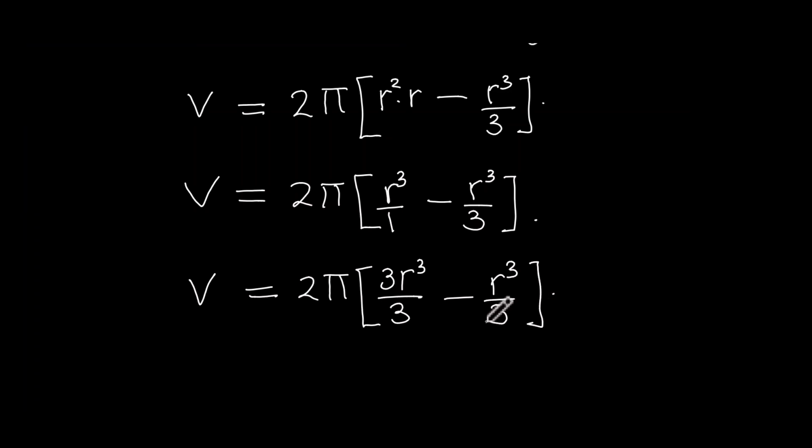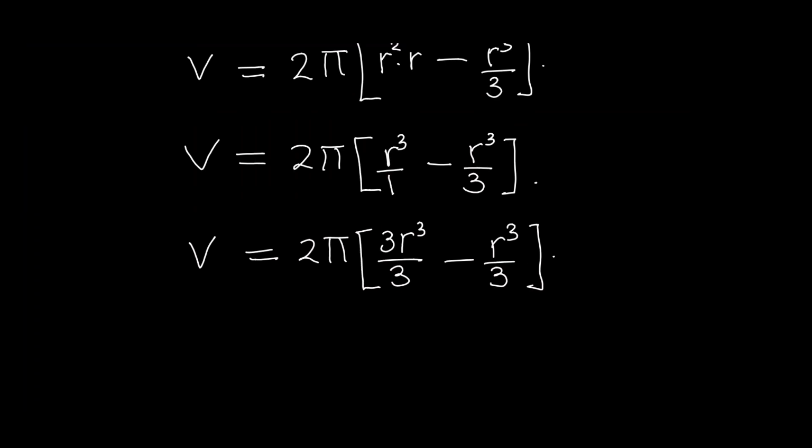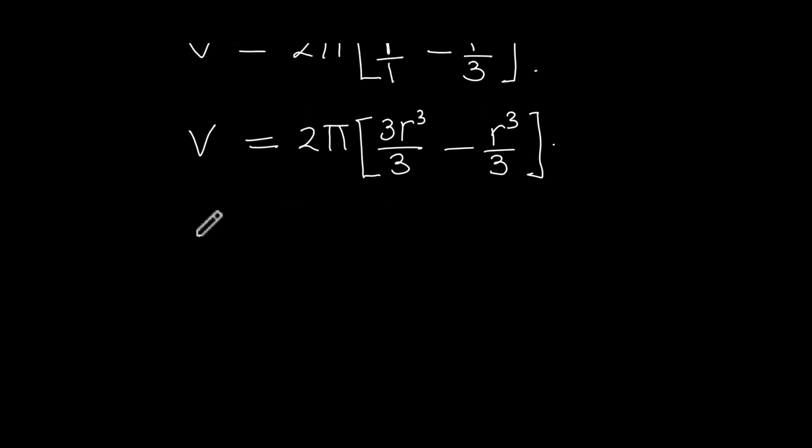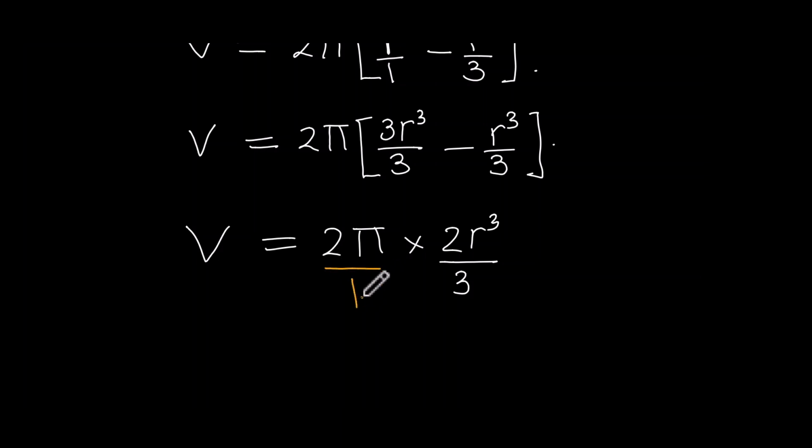Now here, since the denominators are the same, we subtract the numerators, maintaining still our constant outside here, that is 2 pi, multiplied by 3r cubed minus r cubed, we get 2r cubed. Then this is over 3. And to make it look simpler, we can also put this one over 1.